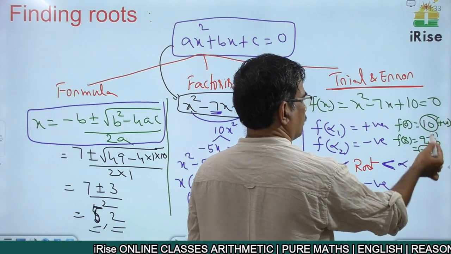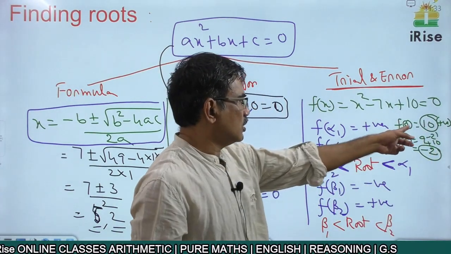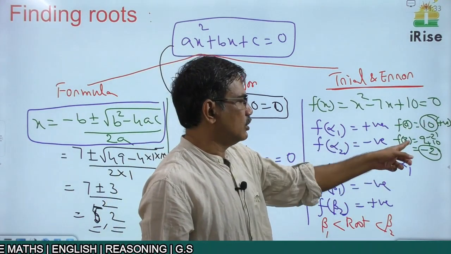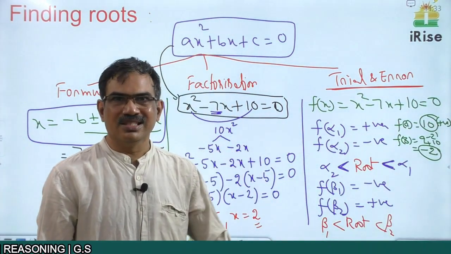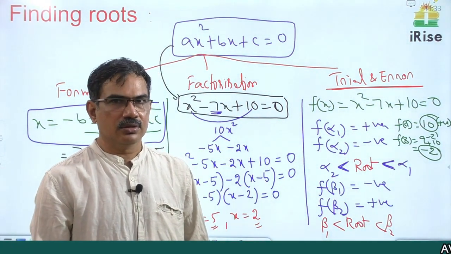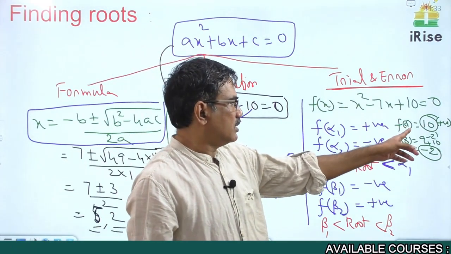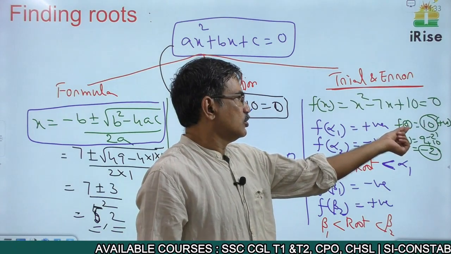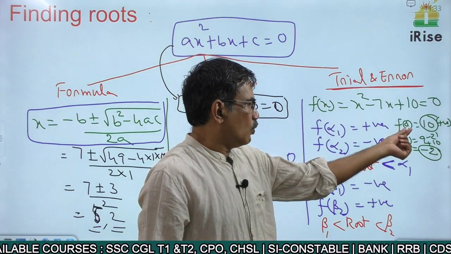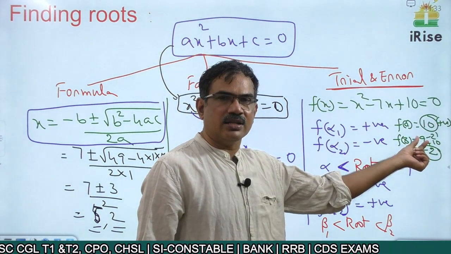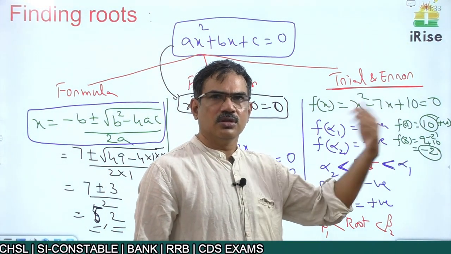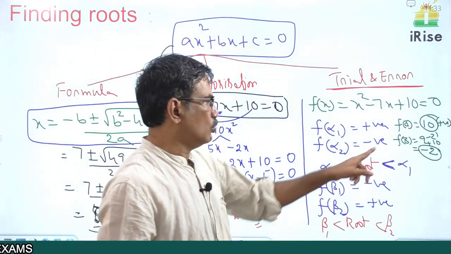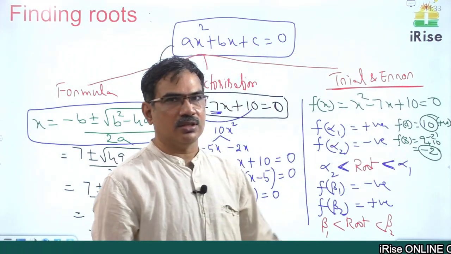So 0 substituted gives positive, 3 substituted gives negative, so there is a root between 0 and 3. This is called estimation. Any number between 0 and 3 may satisfy this, for example 0.000012 or 2.999. That is also maybe a root. We don't know particularly, but the root must lie between 0 and 3.